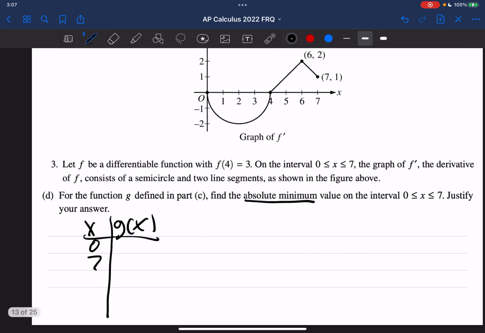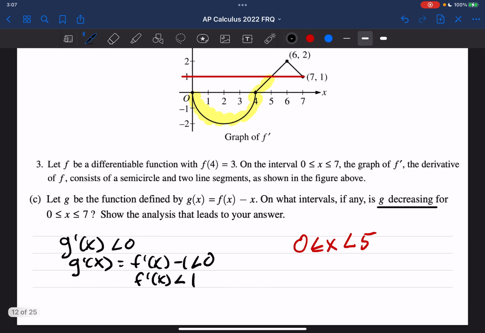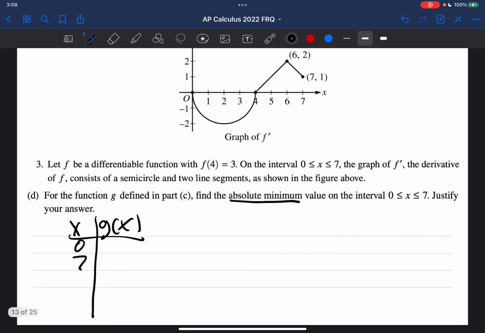But then what about any extrema for g of x? Well, extrema are going to happen whenever g prime switches signs. So if we think about it, g prime of x equals f prime of x minus 1, and that is going to change signs at 5.